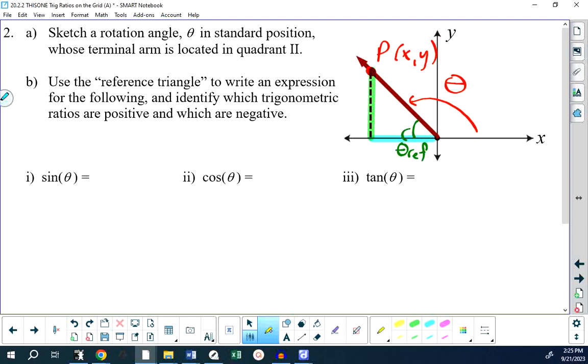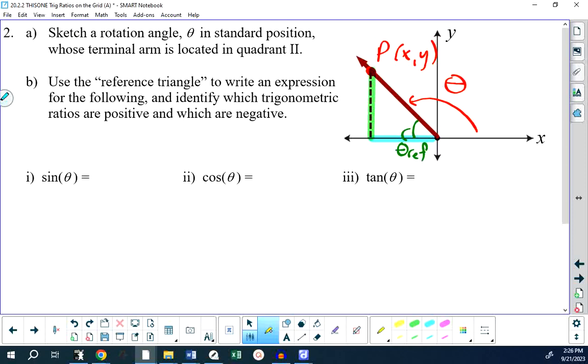We have to broaden our horizons here about what distance means. It's a negative distance. It's like a vector for you Physics 20 people. Okay? So when I look at this reference triangle, what is opposite the reference angle? Y.